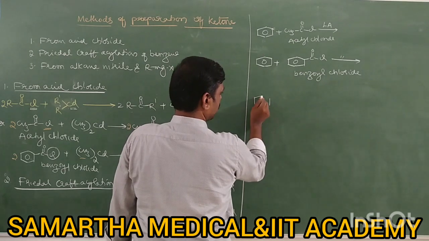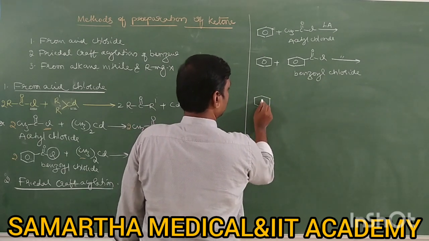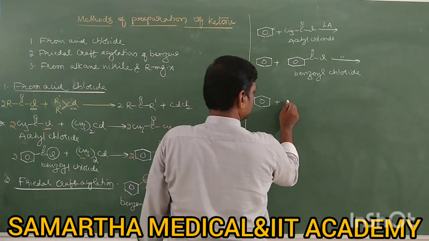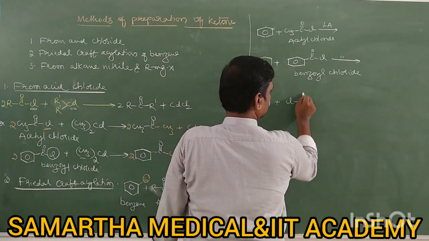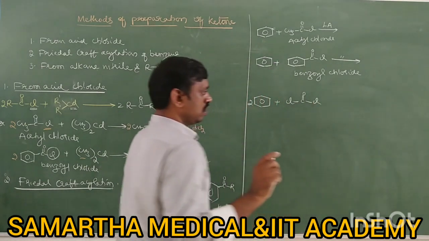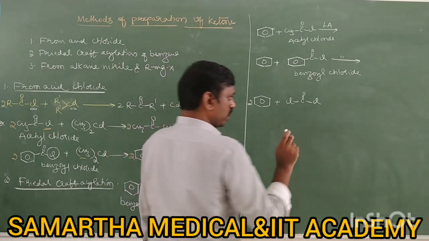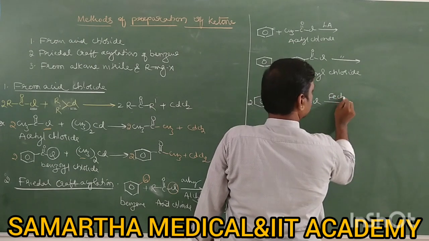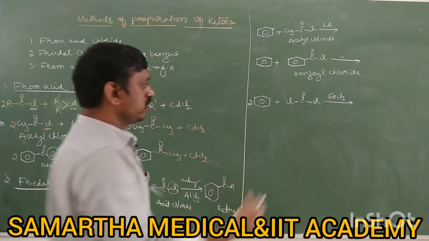Next, one more example. Take 2 moles of benzene plus carbonyl chloride, and FeCl3 as the Lewis acid. Write the product.